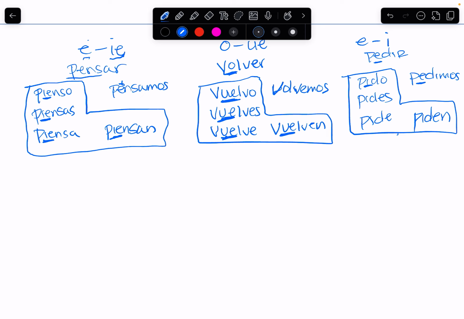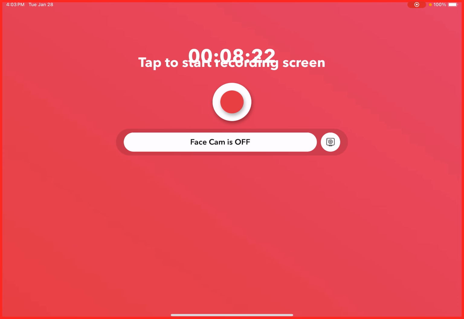It conjugates exactly the way I conjugated here, and then it even boots in the irregular ones. So there are different verbs for these. Okay. We're going to pause right there, and then we'll continue on in the next video.